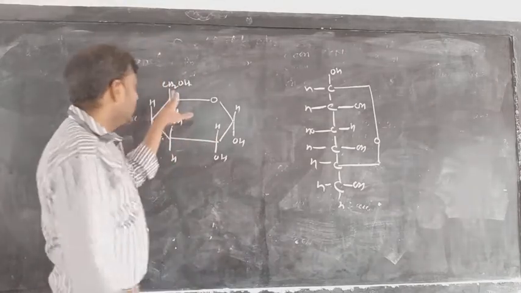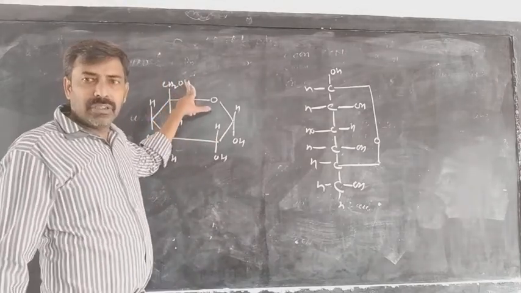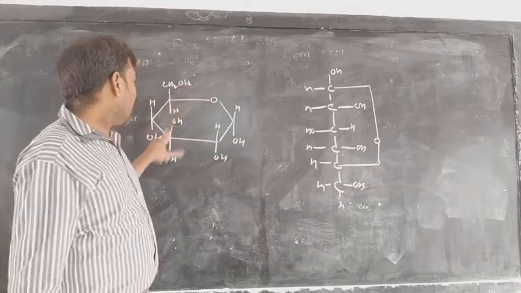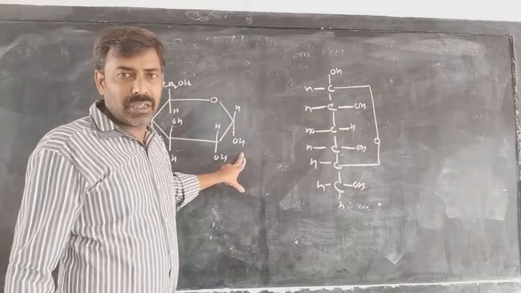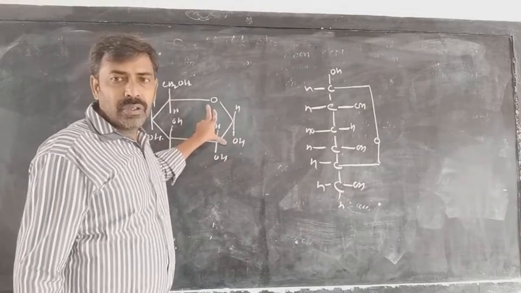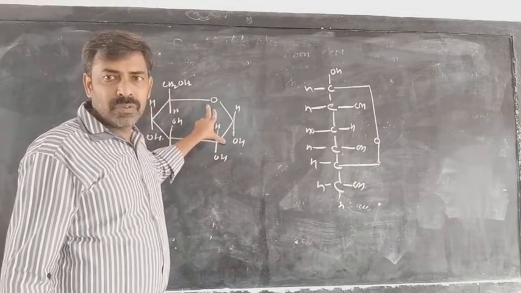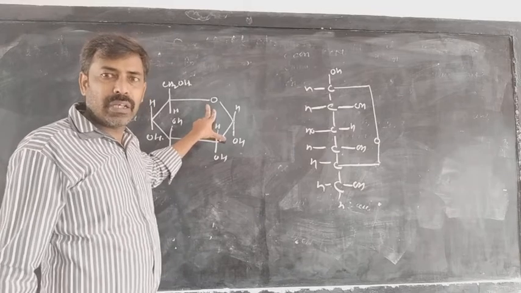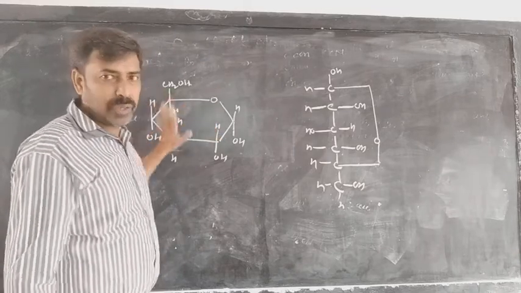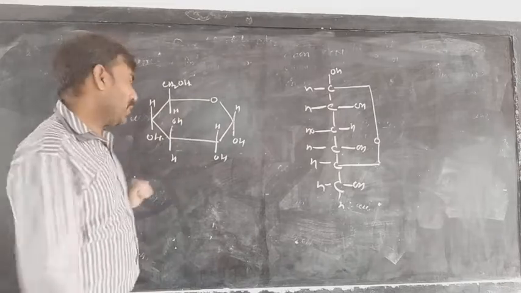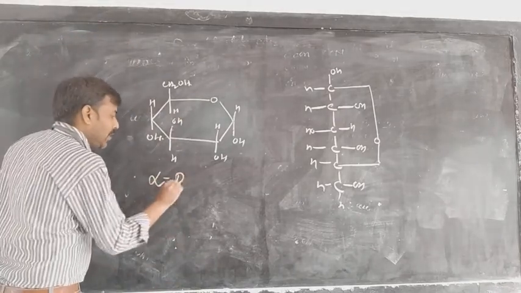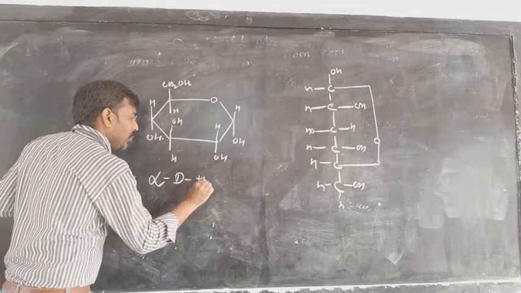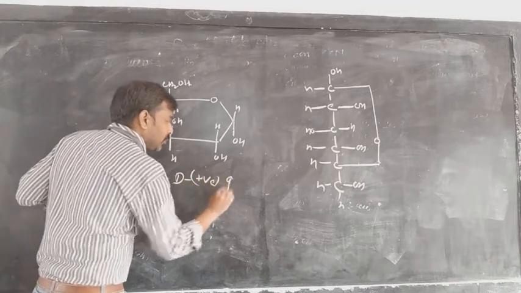And 1 carbon is outside the ring, which suggests the presence of the primary alcohol. All the other alcohols, that means the 4 hydroxyl groups on the secondary positions, are secondary alcohols, and the aldehyde group is here, forming the ring, forming a heterocyclic ring. So this is the structure of glucose. The name of this structure is alpha-D-(+)-glucose.